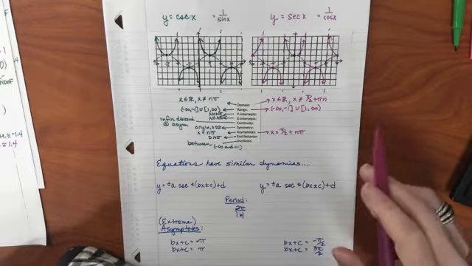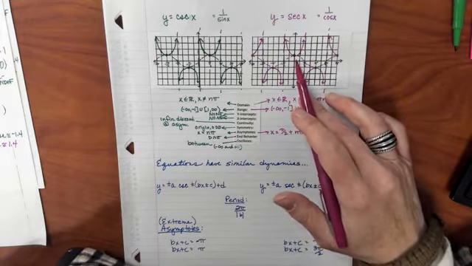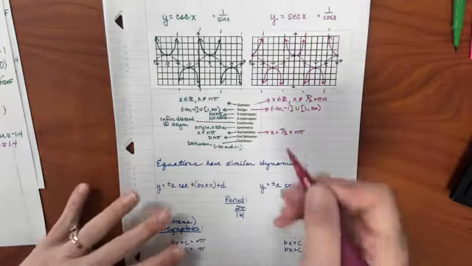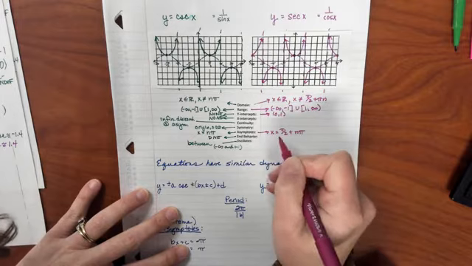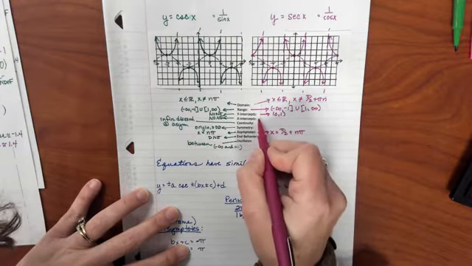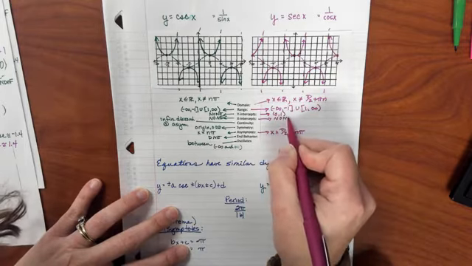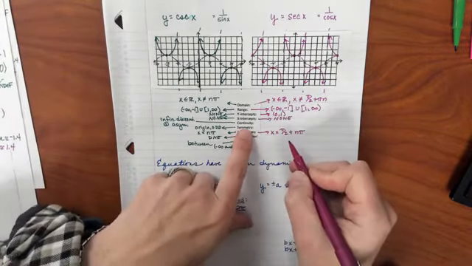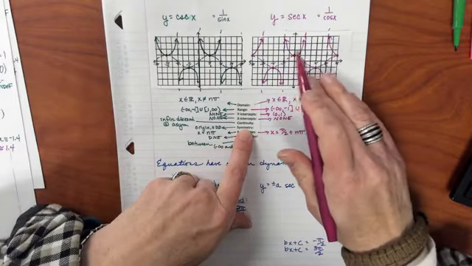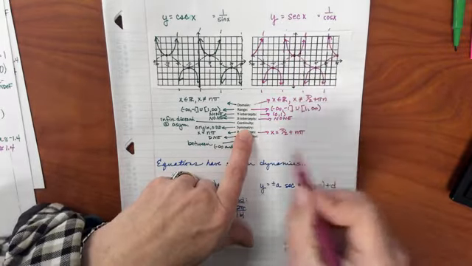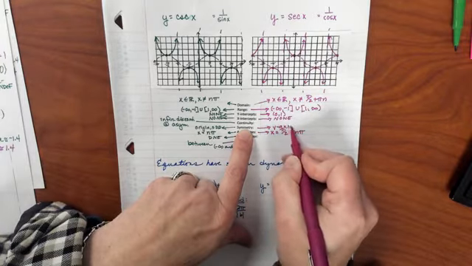Intercepts: here I do have a y-intercept. You see that? I have a y-intercept at 0, 1. I still don't have an x-intercept, but that changes my symmetry. If I have a y-intercept there, do you see how that is now symmetrical to the y-axis? Well, that's different. This is y-axis symmetry.